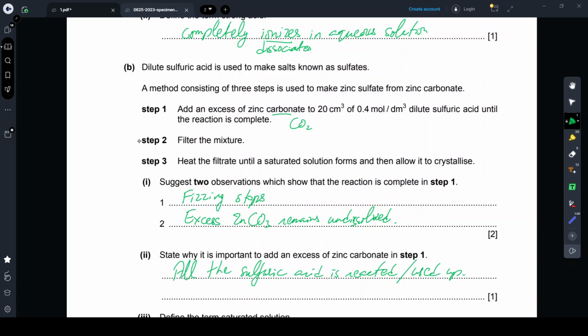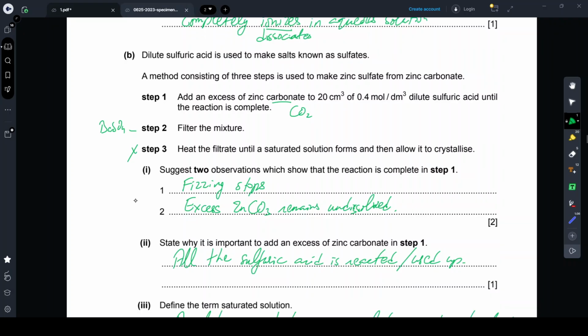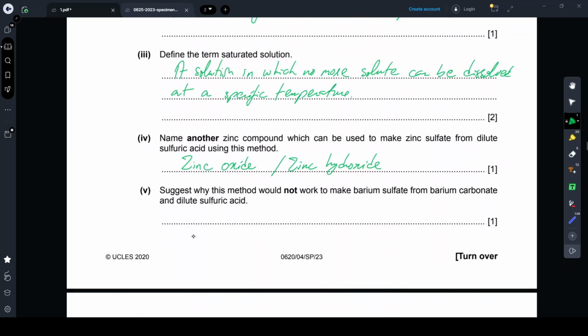So you'd filter the mixture, and this is where the barium sulfate would end up. So you won't be able to use the same steps, and so barium sulfate is insoluble, and so you can't really go on to step 3.